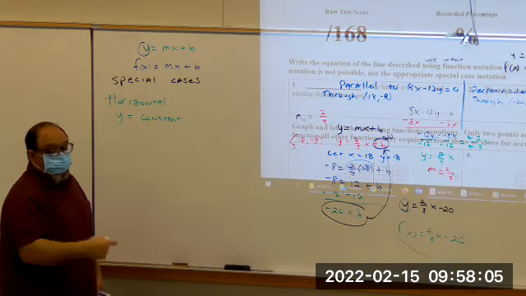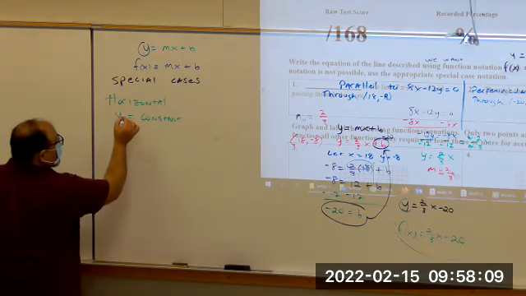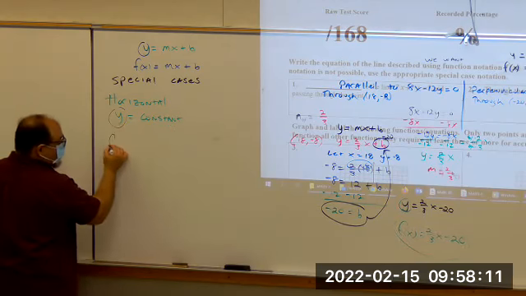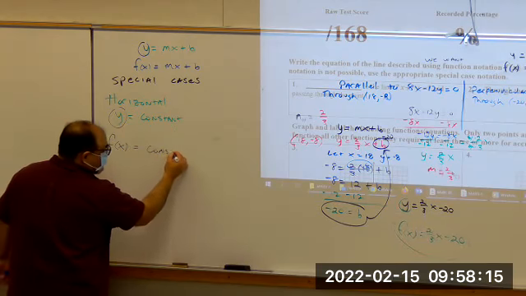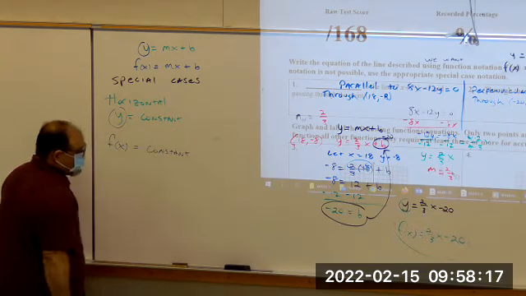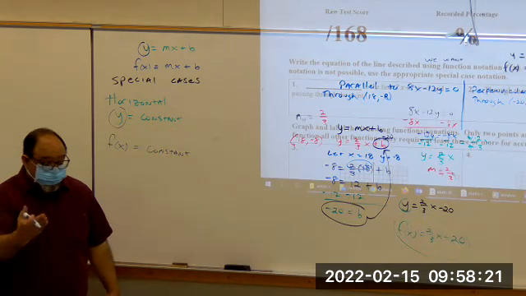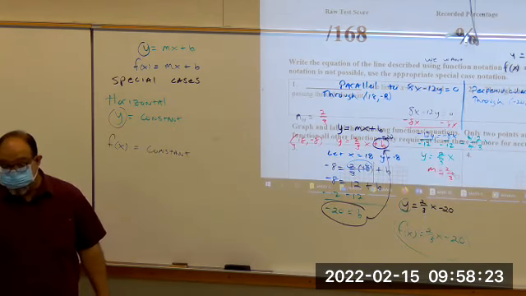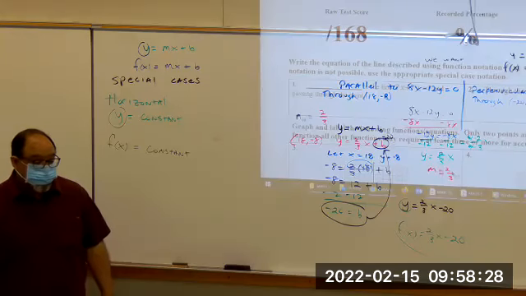All you have to do is replace y with function notation. So there's a y, I get to replace it with f of x is equal to whatever that constant is. That's it. If it's horizontal, it's a function notation. I can do that. That's a special case, but I can still change y to f of x.